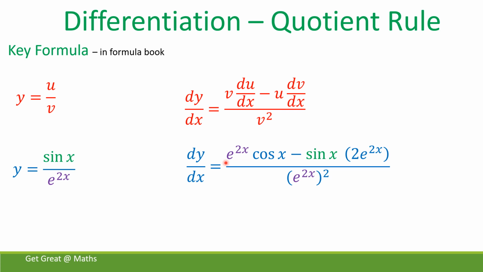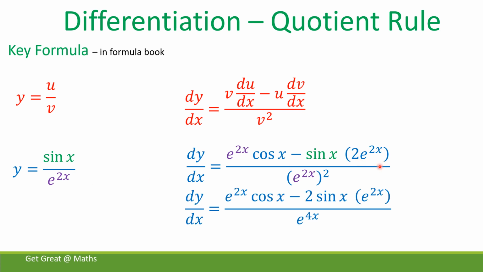So it's the bottom, which is this bit in purple, e to the 2x, times by the differential of sine x, which is cos x, minus the numerator, which is u, so sine x, times by the differential of the denominator, and the differential of e to the 2x is 2e to the 2x. I can then tidy this up to give me e to the 2x cos x minus 2 sine x e to the 2x, all over e to the 4x.